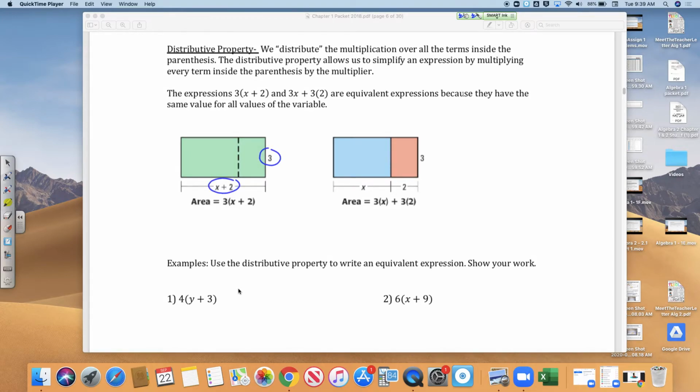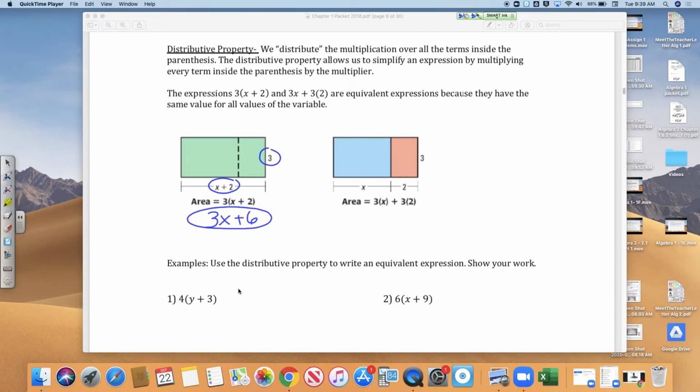And whenever we have a quantity, we have to put parentheses around that because it's an entire thing linked together. So the area would be 3 times x plus 2, but I would distribute and the final answer would be 3x plus 6 using the distributive property, which I know I'm going a little fast, but we already went over this like before with our quiz we just took previously.